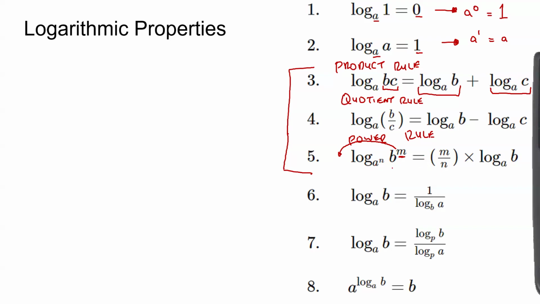Okay. Why would you possibly want to do that? What if you had a base 8 logarithm, or let's go base 100, even better, of something? See how I could rewrite that as the logarithm base 10 squared. I've got common logs on my calculator, right?